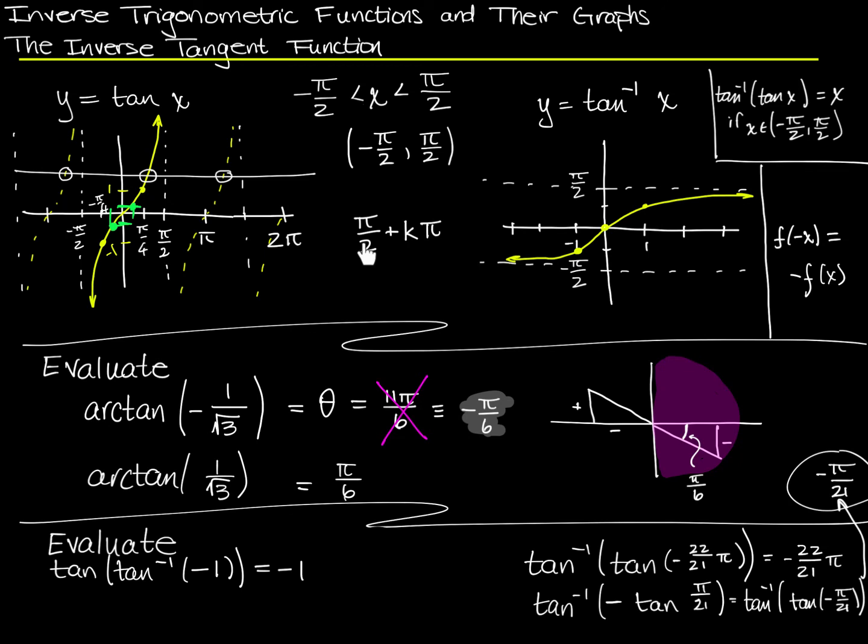What that means is that pi over 2 is not a valid input for tangent of x, right? It's an asymptote there. But the next one that's not a valid input for tangent of x is not the next pi over 2. That would put us at pi, and that one's okay. It's the next one beyond that.